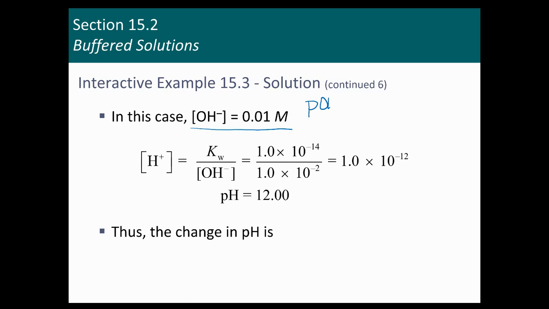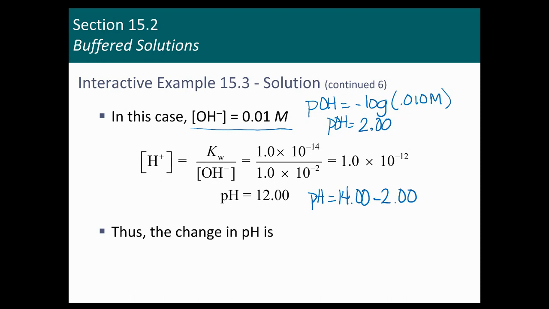So our pOH would be 2. And then the pH would be 14 minus 2.